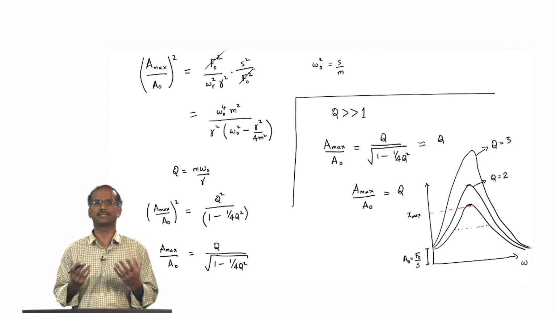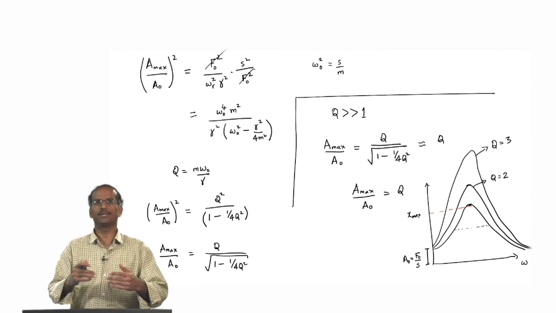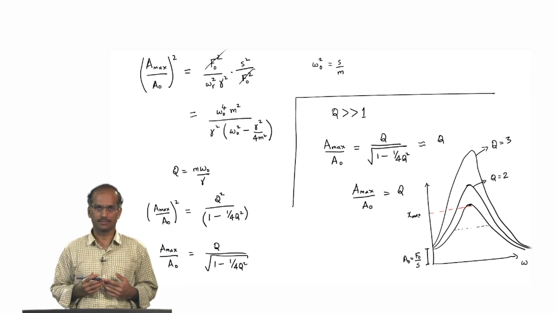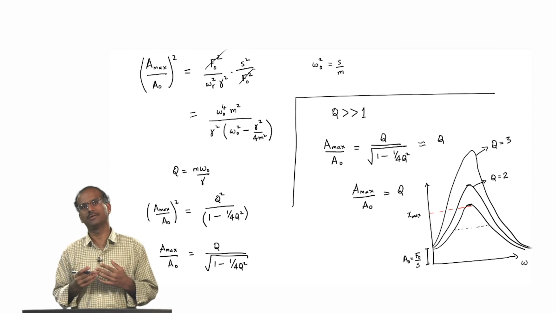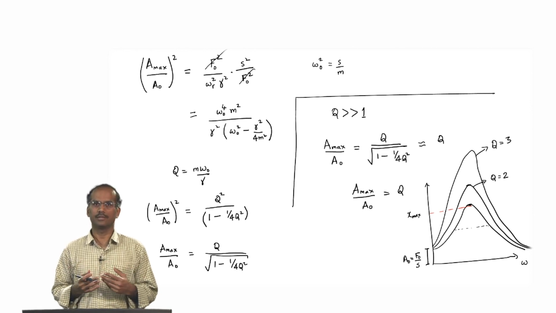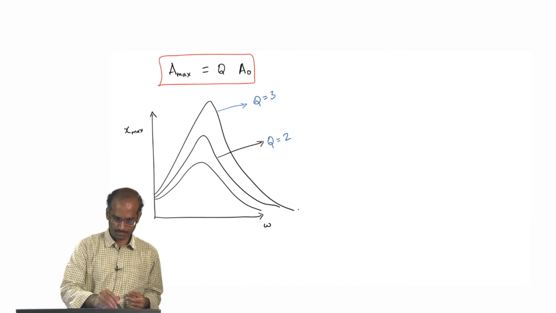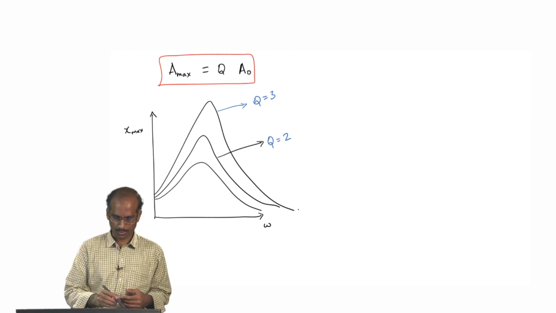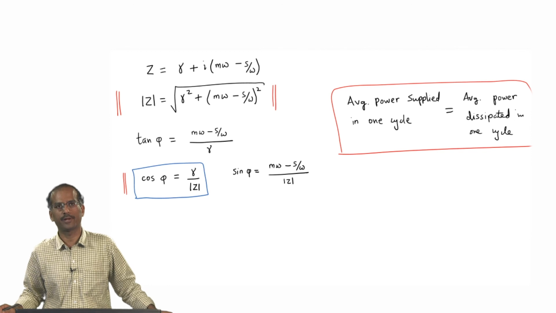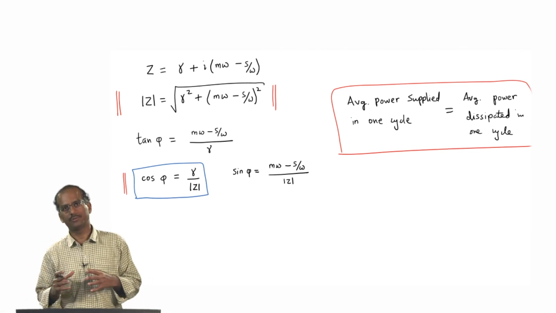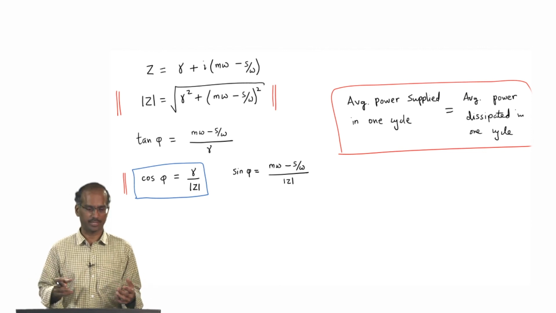It simply at some level tells you how much of the energy that you put in is sustained by the oscillator. Okay. If the oscillator can sustain it for long enough time, then you would say that its Q value is large. So, just to summarize what we have been discussing in today's module, we obtained this first and important result, that the average power supplied in one cycle is equal to the average power that the oscillator dissipates over the same cycle.